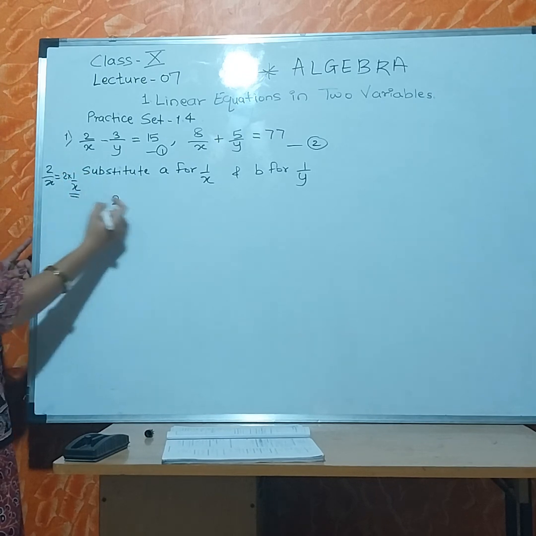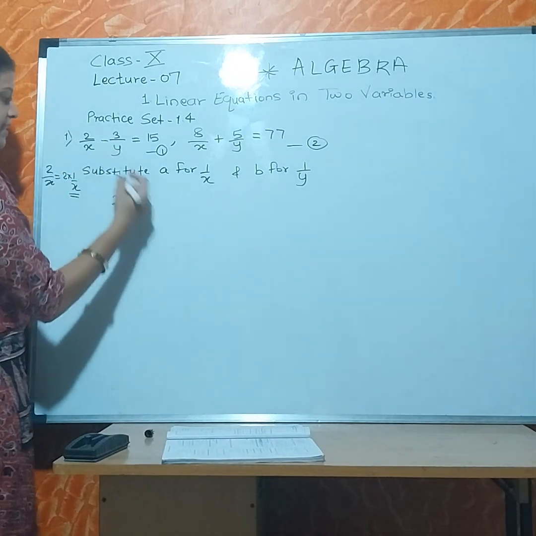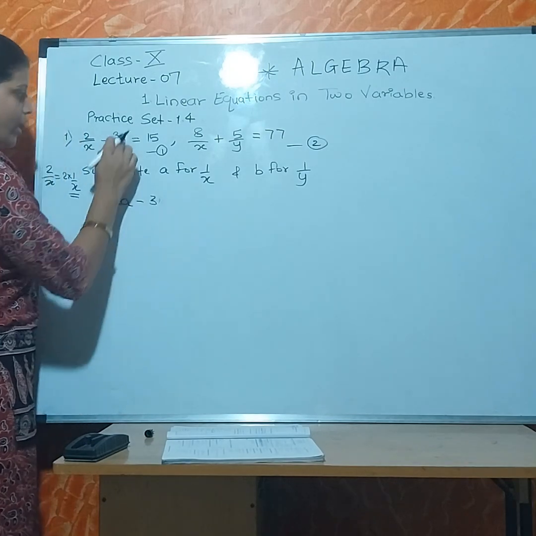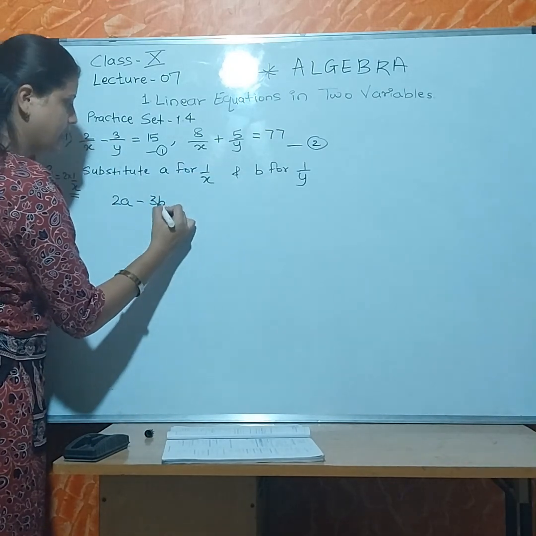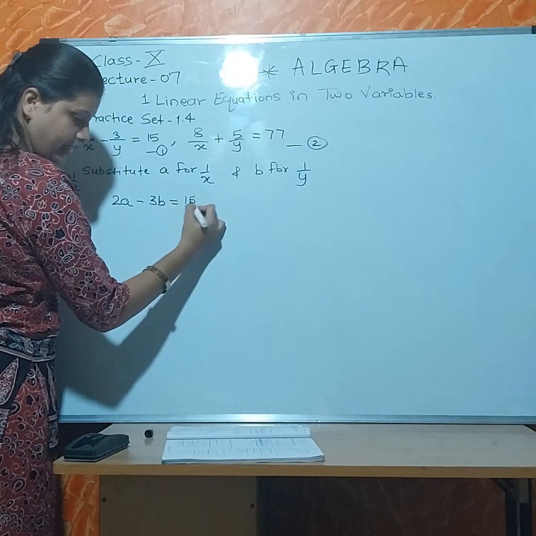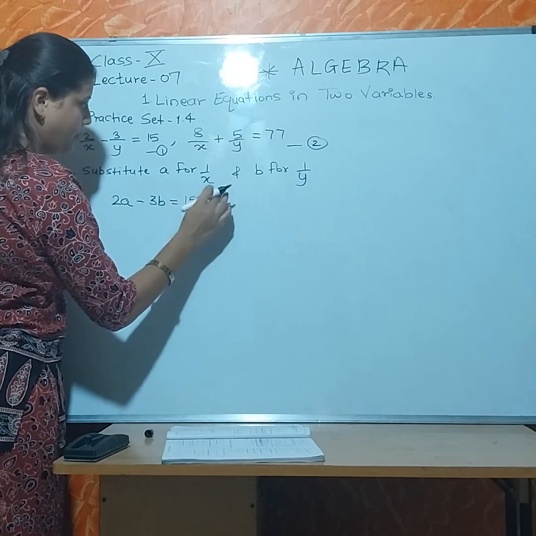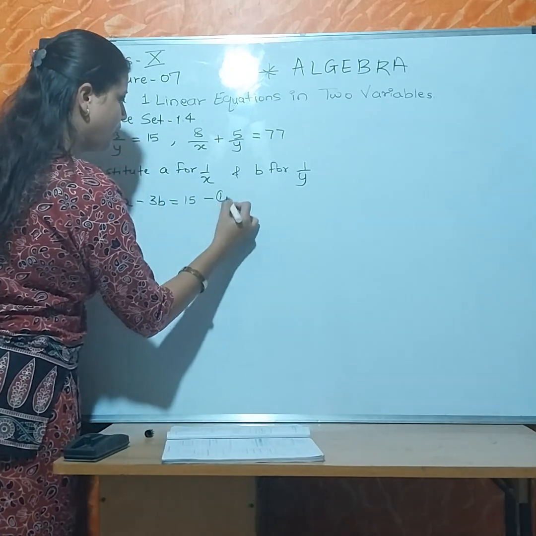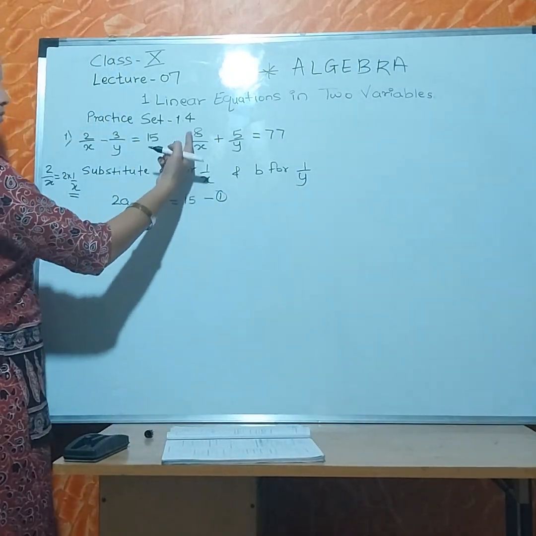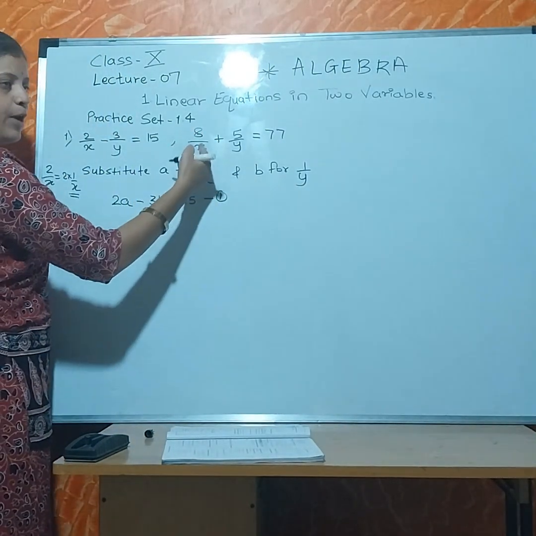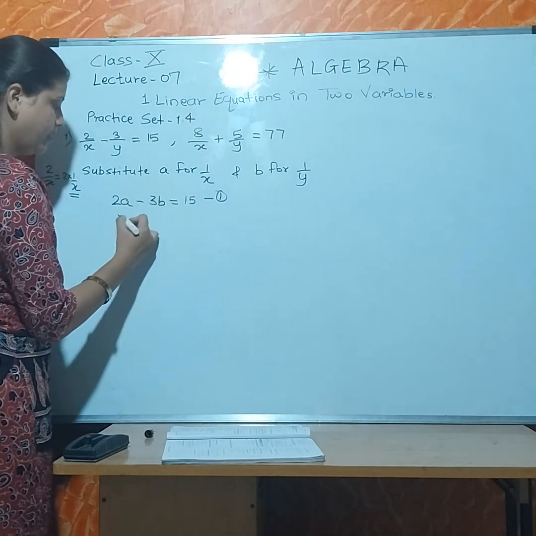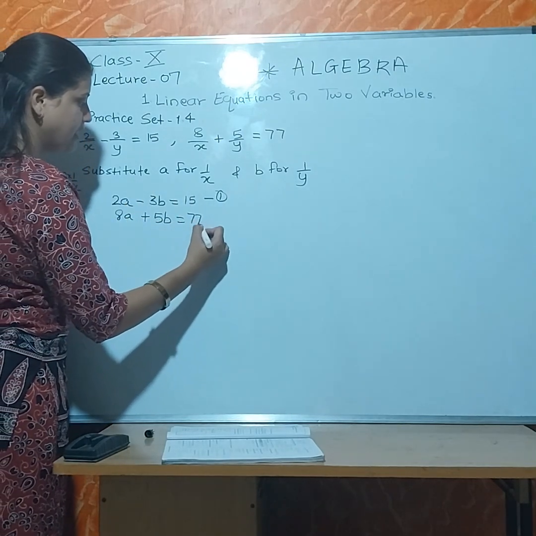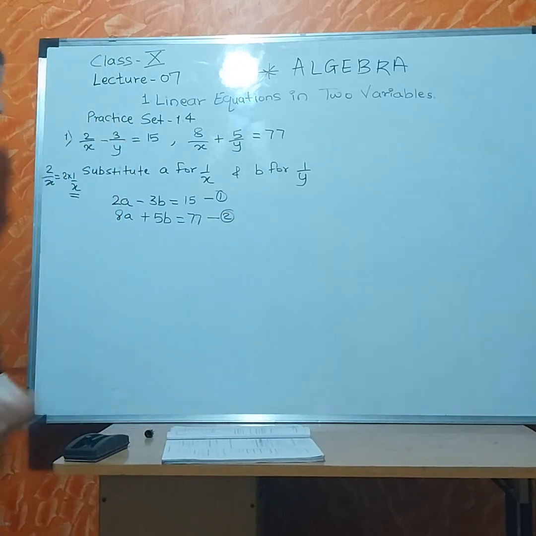So in place of 1 upon x, we will substitute A. Similarly, minus 3 into 1 upon y is minus 3B, equal to 15. This is equation number 1. And next, 8 into 1 upon x means 8A plus 5B is equal to 77, equation number 2.